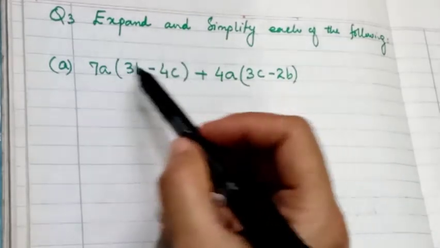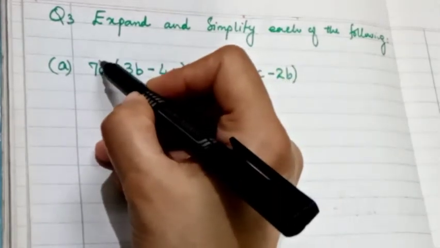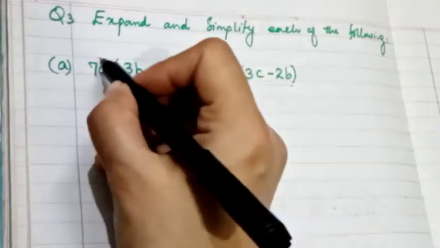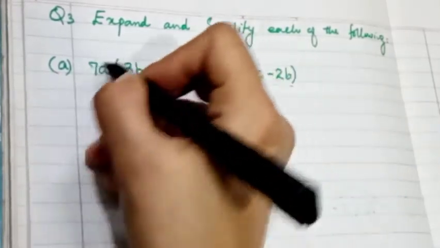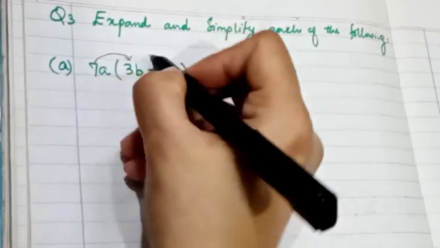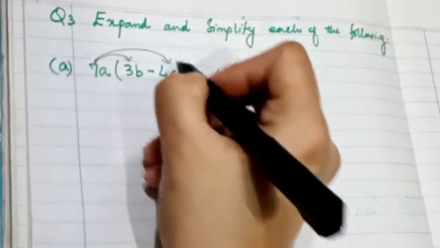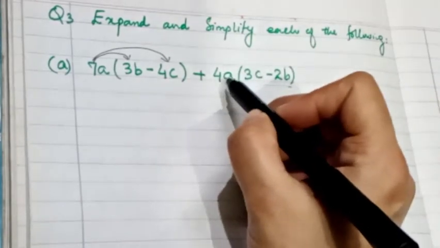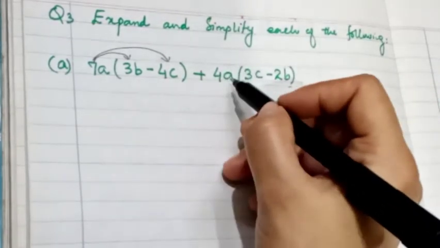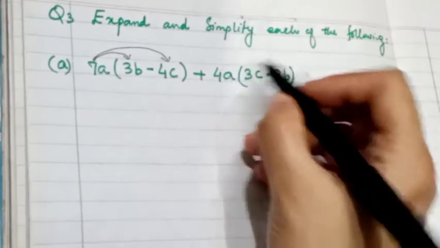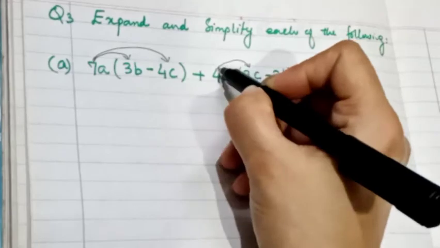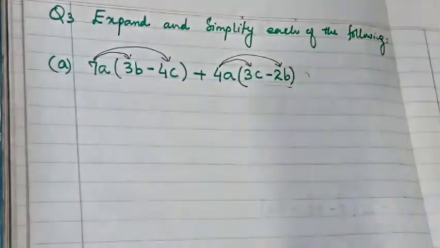We have to apply the distributive law twice separately on each side. Starting from this side, first we have to multiply 7a with 3b, then we have to multiply 7a with minus 4c, and on this side we have to multiply plus 4a with plus 3c first, then we have to multiply this plus 4a with minus 2b.